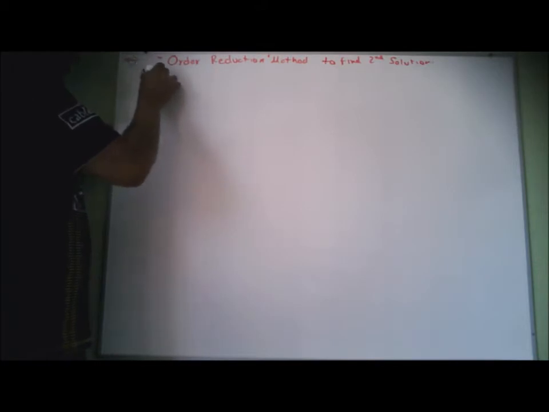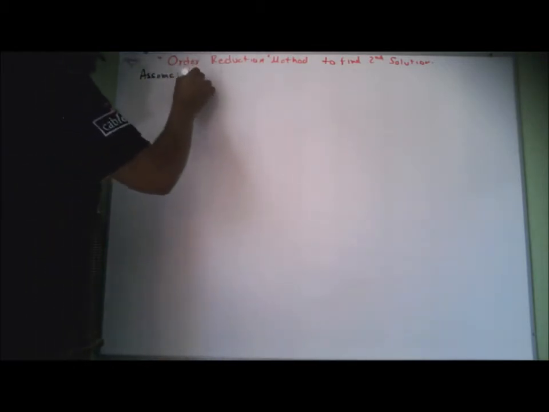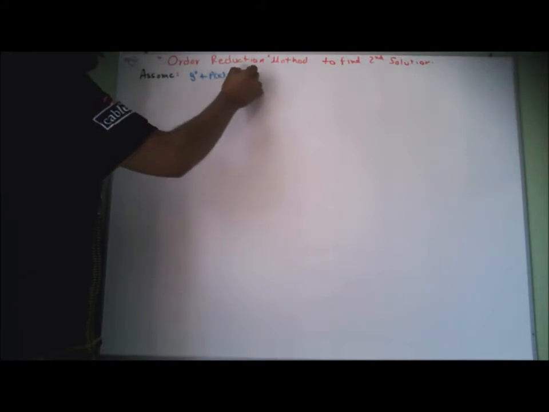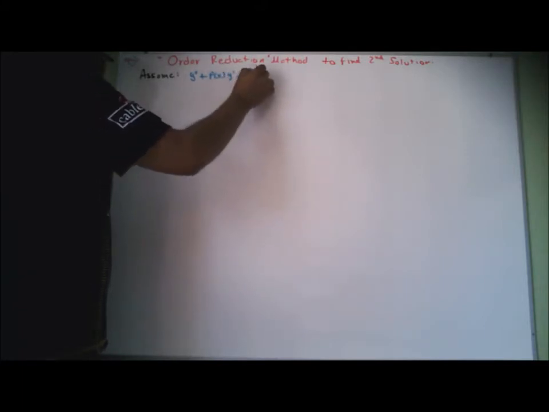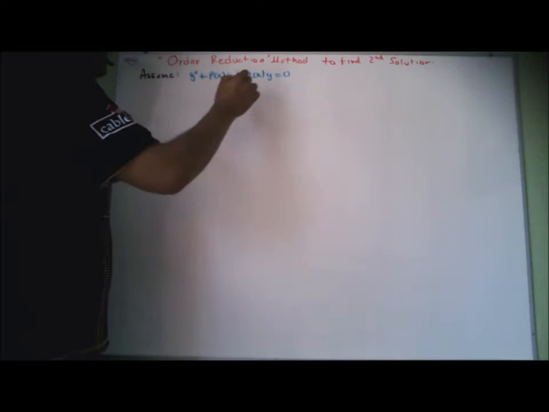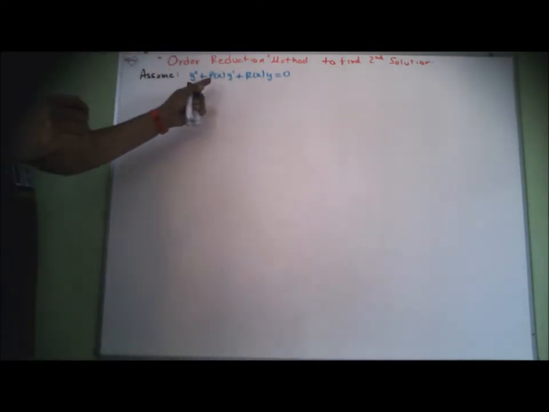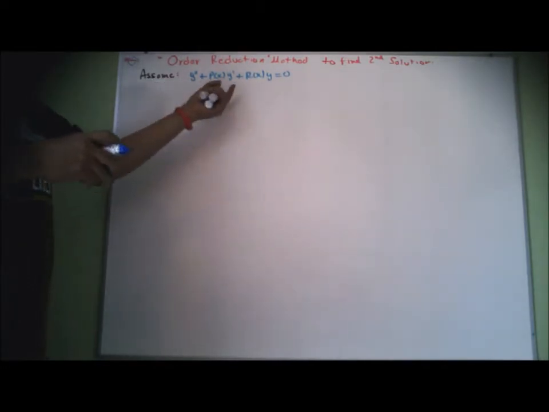Okay, now let's assume that we have this differential equation: the second derivative plus p of x times the first derivative plus r of x times y equals 0. Now the coefficients are variable. That means this method works for constant coefficients or variable coefficients.